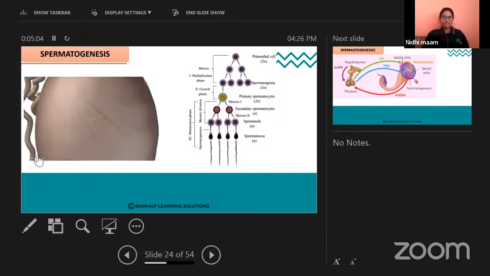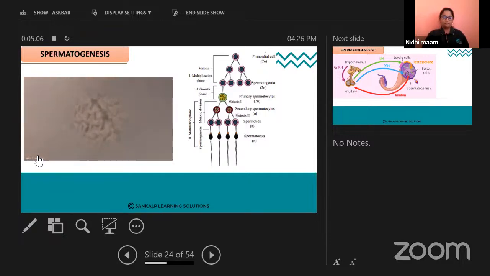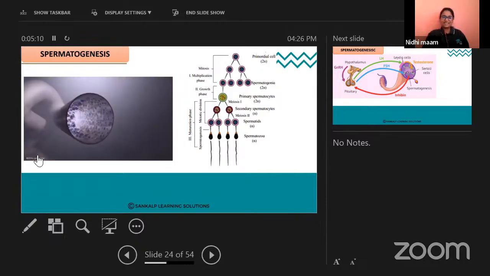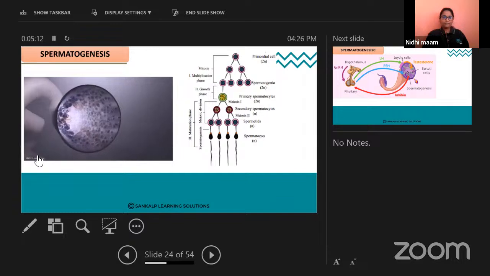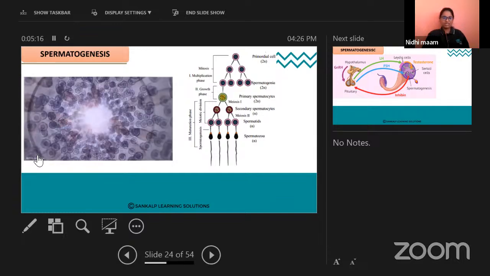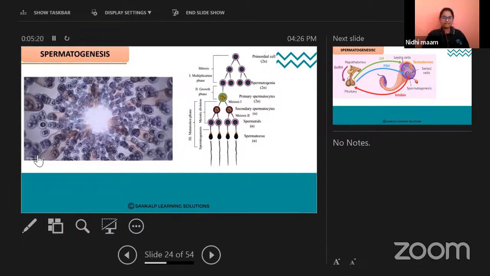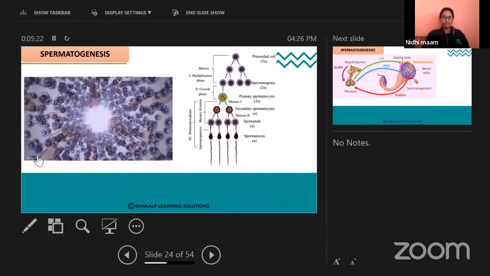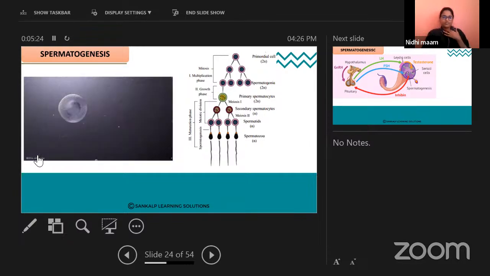Testis, inside it seminiferous tubules, spermatogonia cells. These will be diploid in nature, and the Sertoli cell. These spermatogonia cells will increase in size. After the size increase, they are called primary spermatocytes.